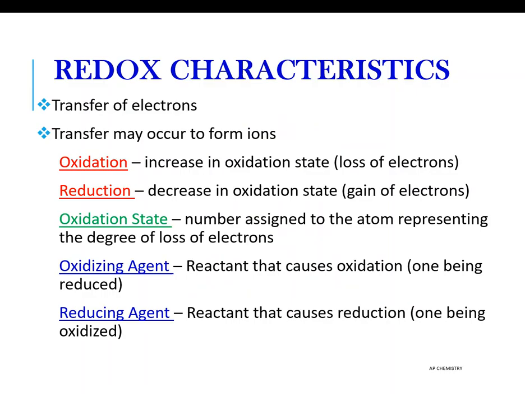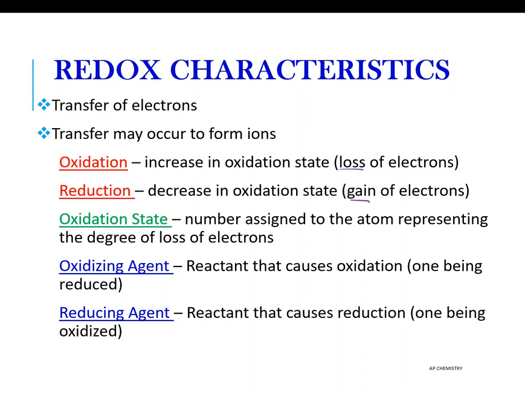Some other terms, of course, transferring of electrons. These are redox characteristics. Oxidation is an increase in oxidation state. Increase in oxidation state means you're becoming more positive. If you're becoming more positive, you're losing electrons, because electrons in and of themselves are negatively charged. A decrease in oxidation state means you're gaining electrons, because your oxidation number is getting lower. You're adding negatives to it.